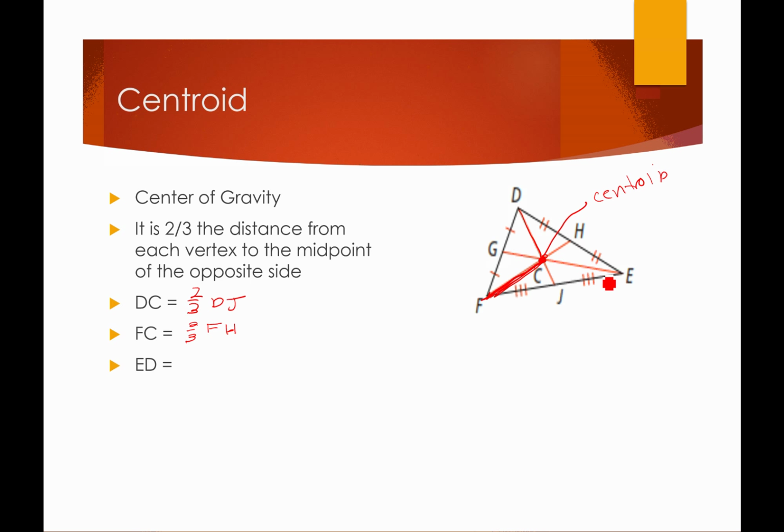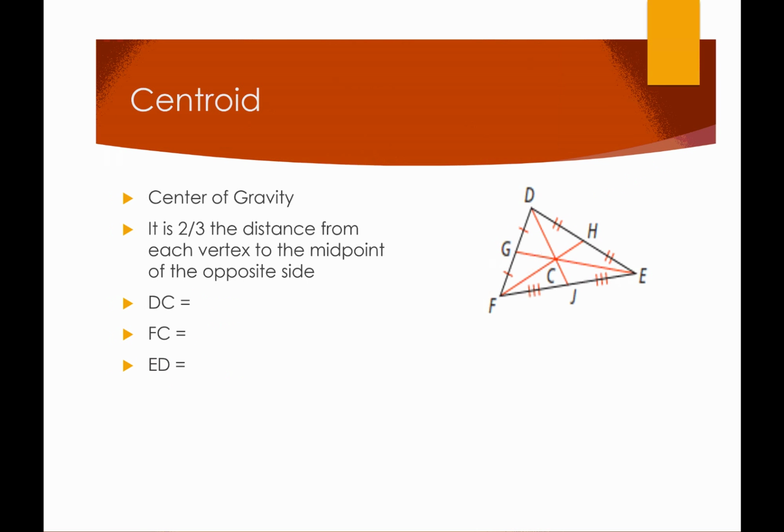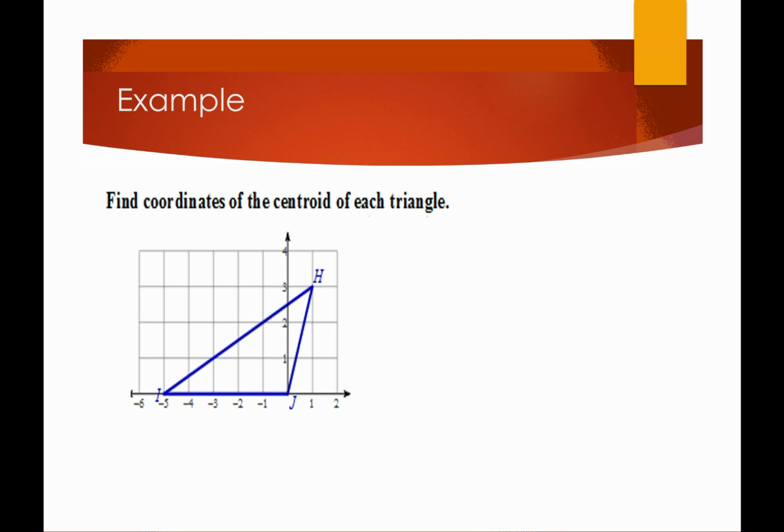Let's go with EC, because ED is on the side, is 2/3 of EG. It's always the case. Those are characteristics that you're going to have to learn. If you need to, put that in your flip book.